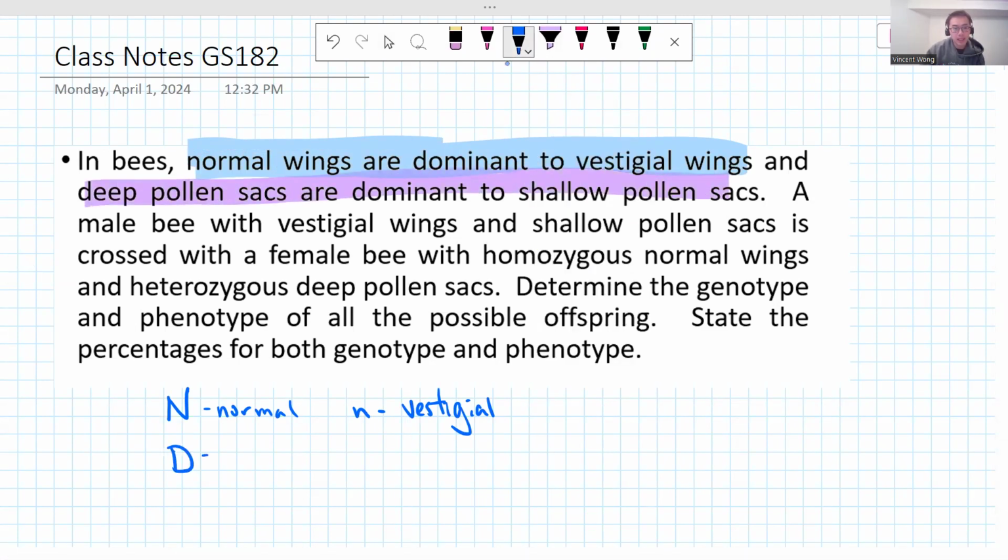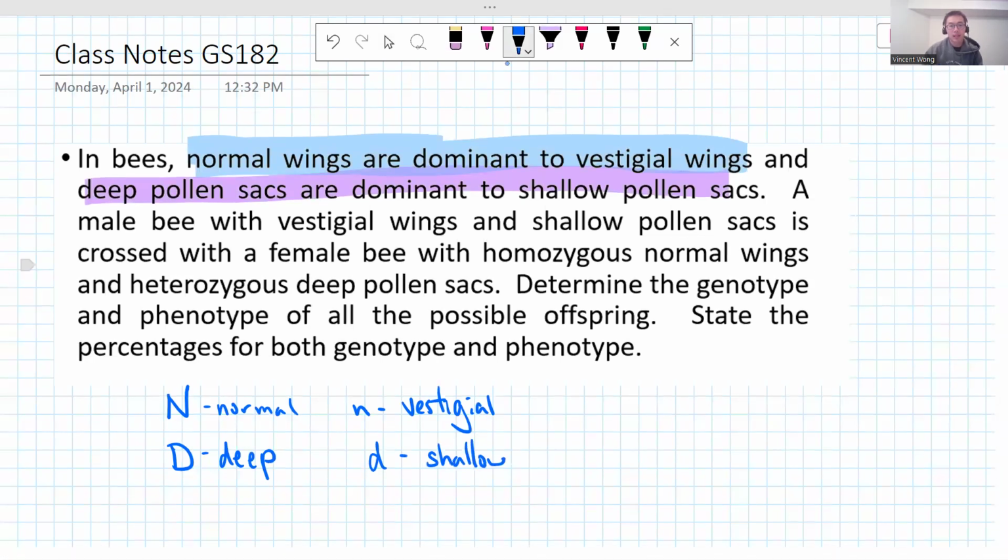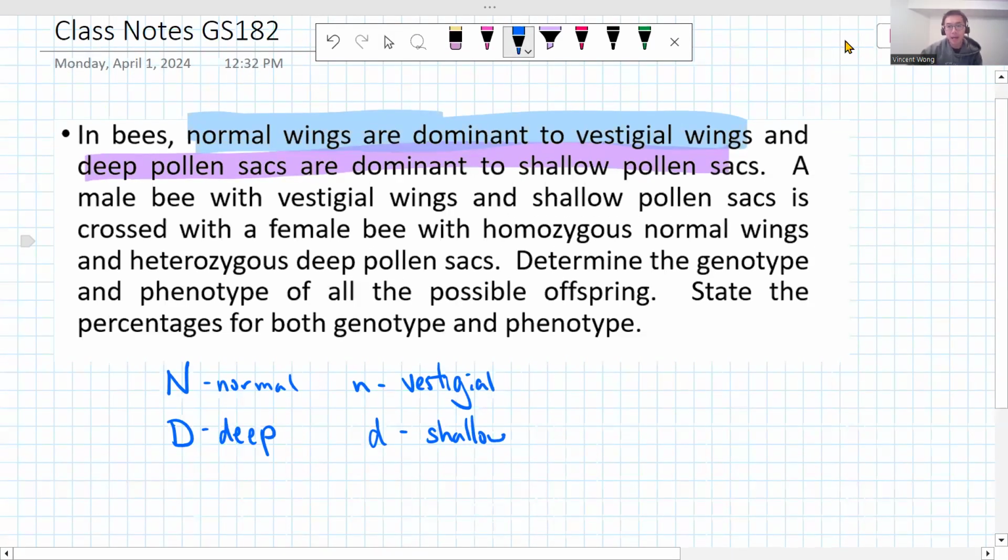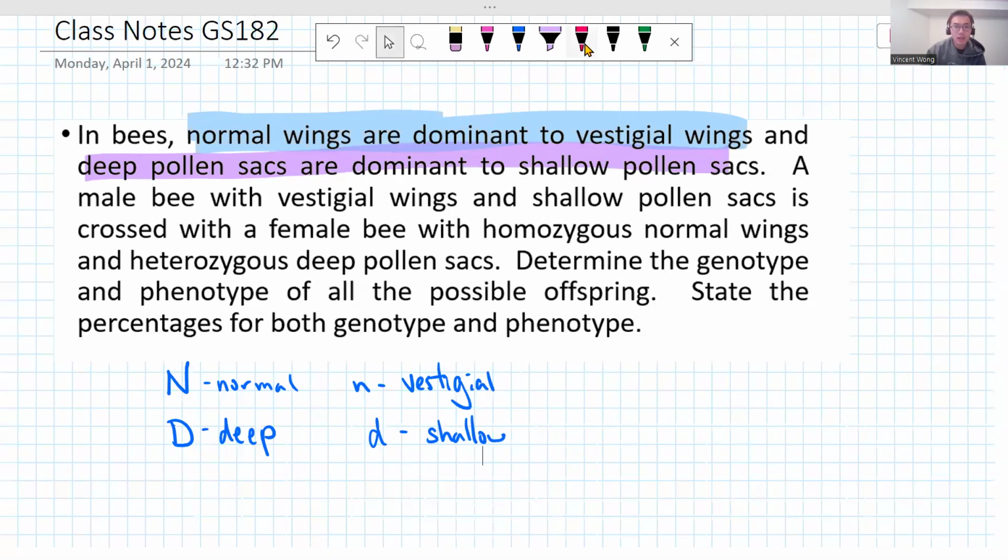So big D is deep, and small d is shallow. So we have a male bee with vestigial wings and shallow pollen sac.